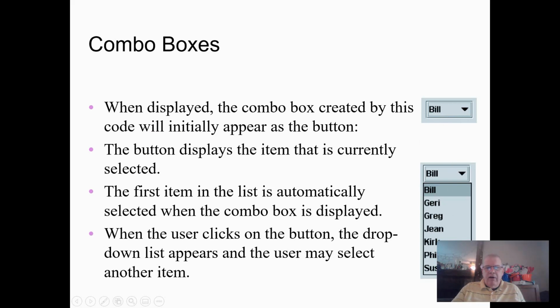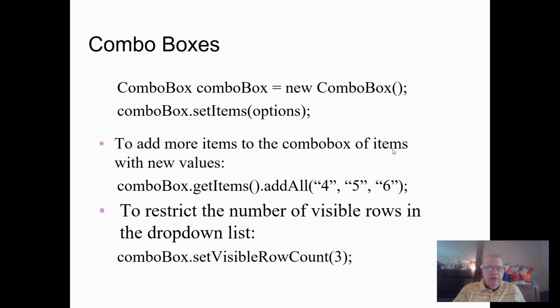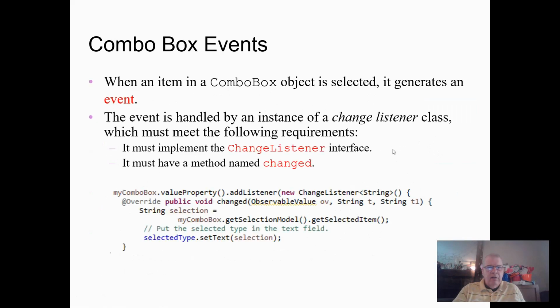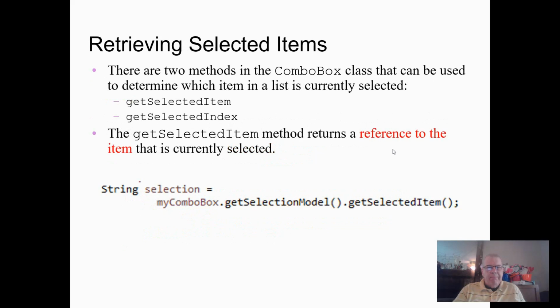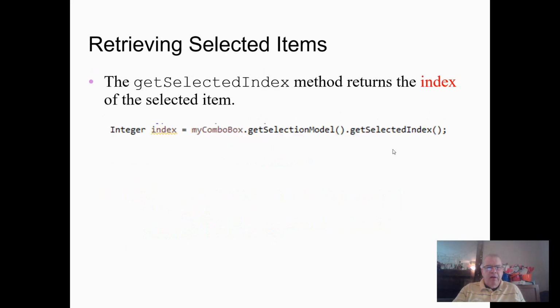You select the down arrow and it opens up the list. So here's code to do that. Again, you have to put in the change listener interface and the changed method. And again, get selected item, and so forth.